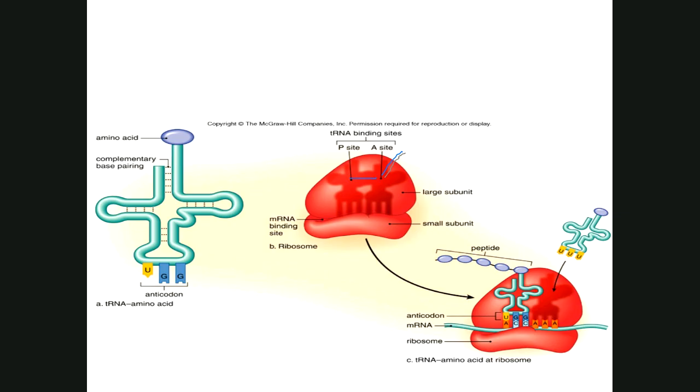This exit site is called the P site. So this tRNA enters, then moves forward, and then exits through the P site. This is the way the tRNA enters and moves forward in the large subunit of the ribosome.